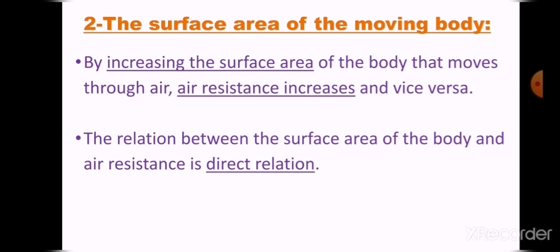So there is a direct relation between the surface area and the air resistance, because by increasing the surface area, the air resistance increases, and by decreasing the surface area, the air resistance decreases. Okay? So there is a direct relation between the speed of the moving body and the air resistance, and between the surface area of the moving body and the air resistance.